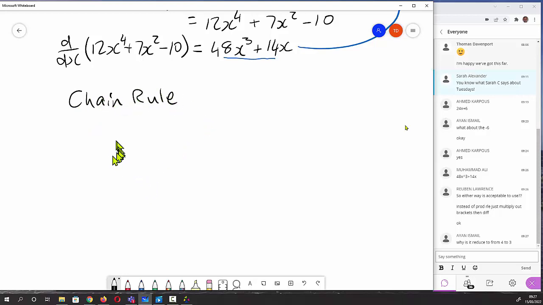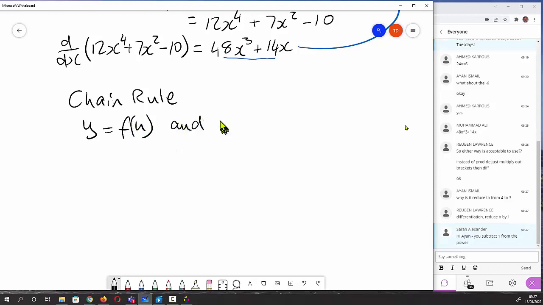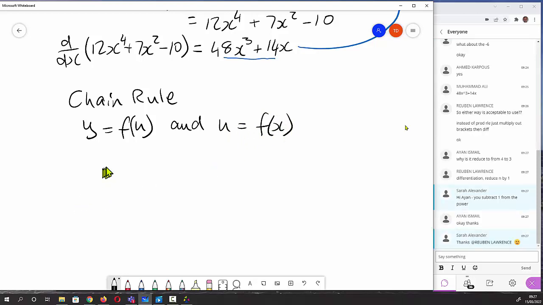So the chain rule says that if y is a function of u, and u is a function of x, okay, then we can say that dy by dx is equal to dy by du times du by dx.